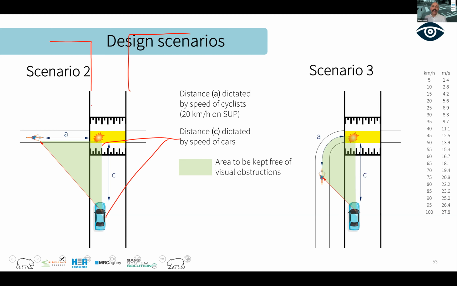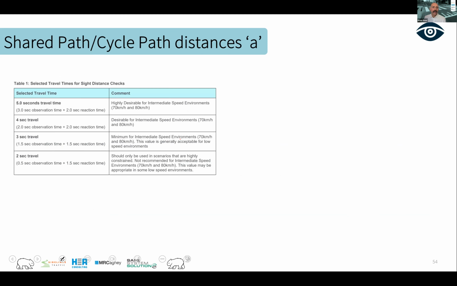And then scenario 3, maybe that parallel and then the crossing point. So what we're going to do is say, okay, what is our environment? What is our scenario here? And are we on this high speed road and that turn in across, or are we down in a very low speed environment? Let's pick the travel time that we're going to use.